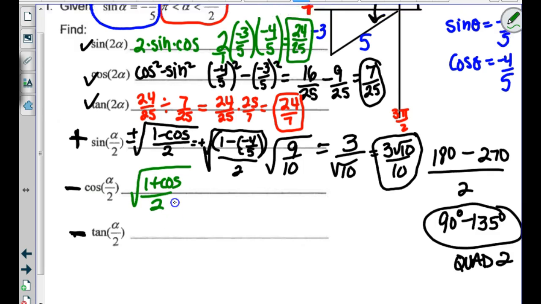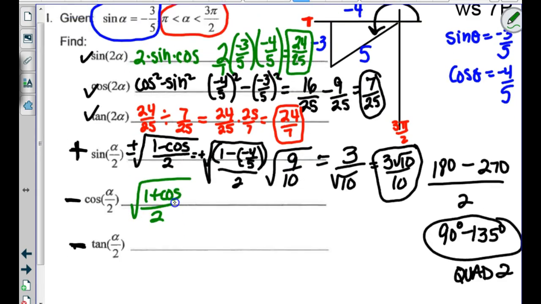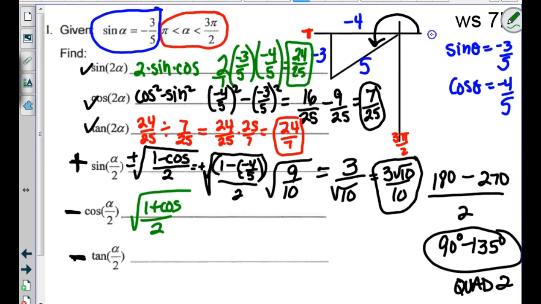The original angle was in what quadrant for this question? Quadrant 3. Quadrant 3 is somewhere between 180 and 270, yes? Now we are trying to find theta divided by 2. If it's close to 180 and you cut it in half, it's close to 90. If it's close to 270 and you cut it in half, it's close to 135.